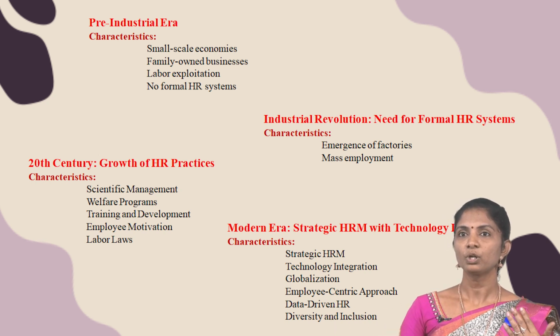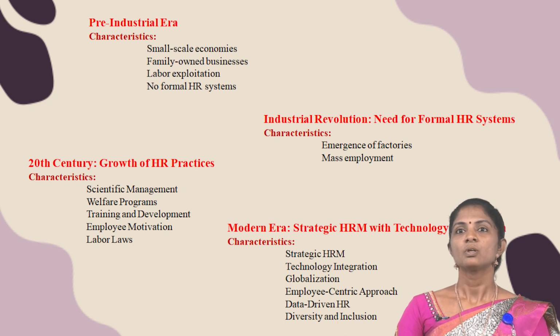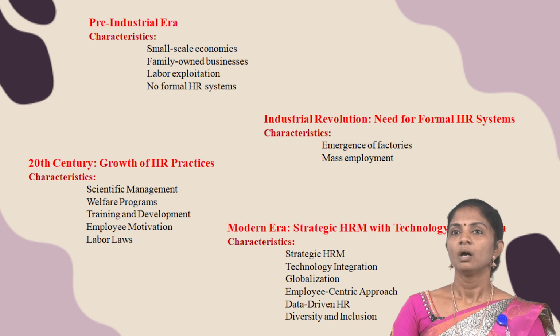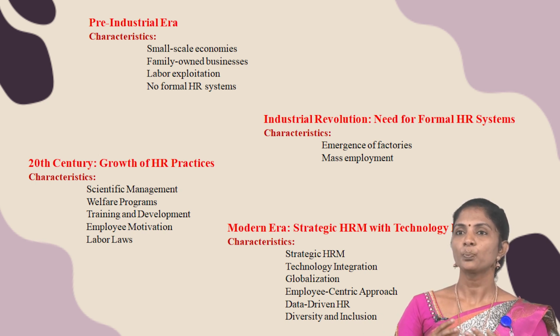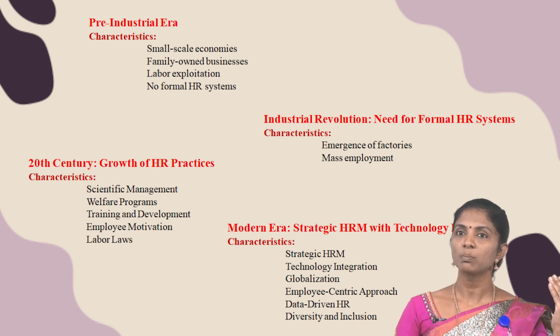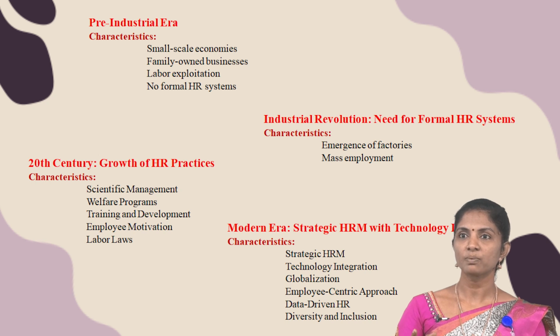Employee motivation theories highlighted the importance of psychological and social factors in employee productivity, leading to a focus on employee satisfaction. The government also passed labor laws to protect workers' rights, such as the minimum wage, fixed working hours, and the prohibition of child labor.